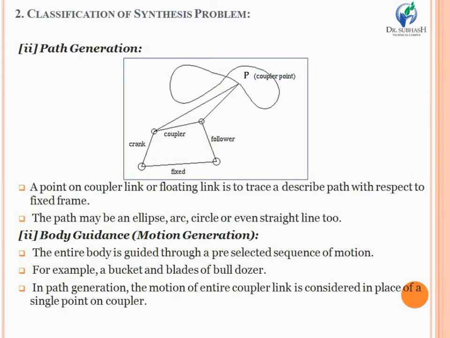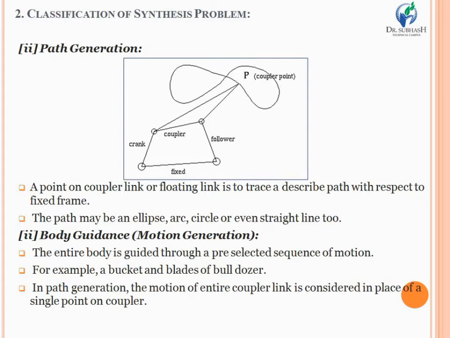After that, the second classification of the problem solving technique through synthesis is path generation. In path generation, a point on the coupler link, or simply a link, is to trace a described path with reference to a fixed frame.